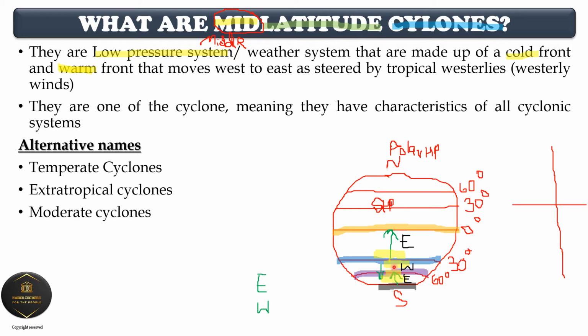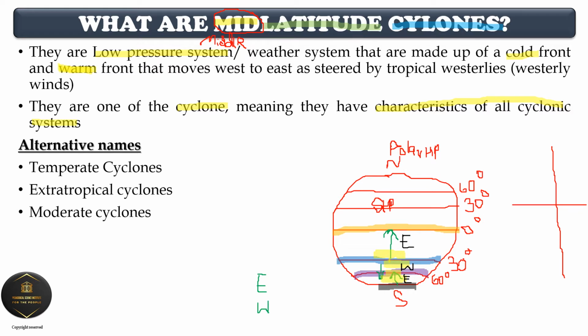And we say these two air masses will meet and will lead to cyclonic conditions affecting the interior. Now, since this system is a cyclone, what is that telling us? It is telling us that it has all the characteristics of cyclonic systems, or all the characteristics of a low pressure system.